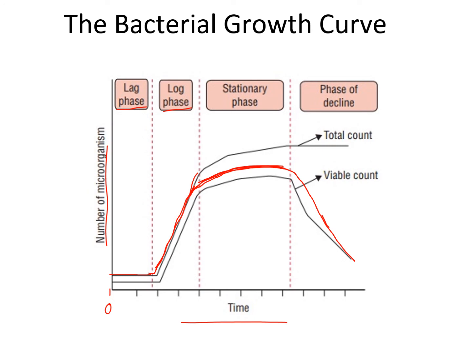Nutrients are being used up, waste products are building up, and the pH is decreasing. So with these numbers, you can see the total count of the bacteria and then the viable count. The viable count would be the bacteria that are alive. So all populations of bacteria will go through a lag phase, log phase, stationary phase, and a phase of decline.